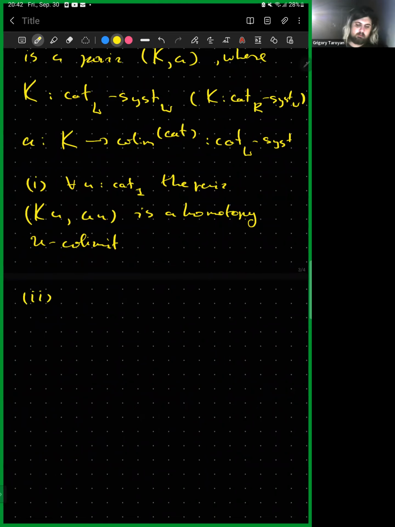I will refrain from writing down this dual condition. I think it's pretty much obvious.